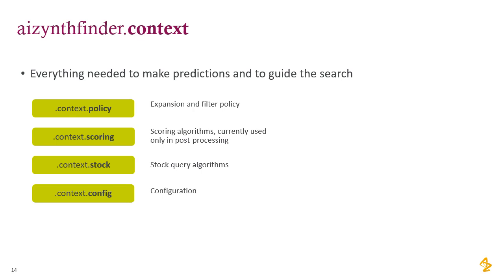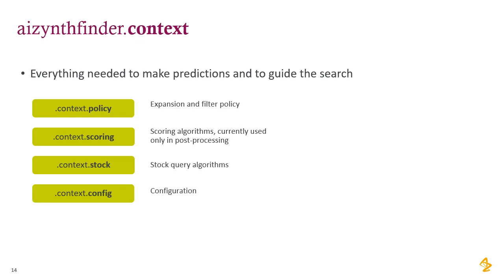Right, the next package that I will talk about is the context package. This has everything needed to make predictions and to guide the search. And it constitutes a number of subpackages shown here.